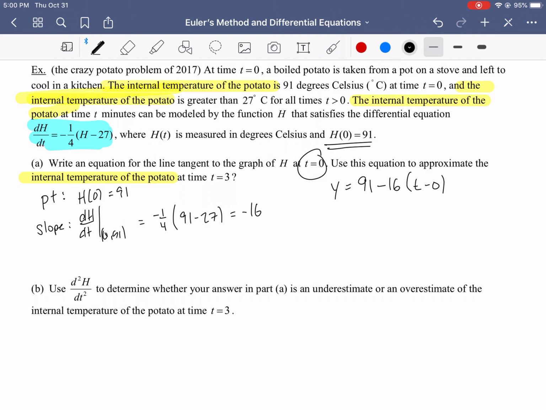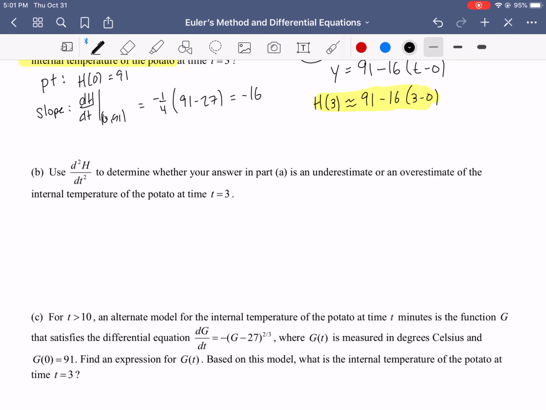Okay, so now if I want to figure out what h of 3 is, I just need to plug 3 into my tangent line. So 91 minus 16 multiplied by (3 minus 0). You could calculate that if you want to, but this is a free response question, so there's no necessity to do that. You can just leave this as your final answer.